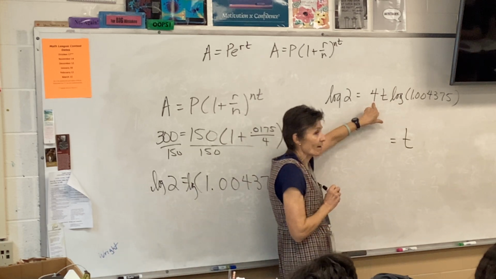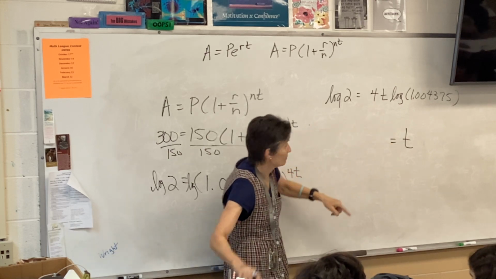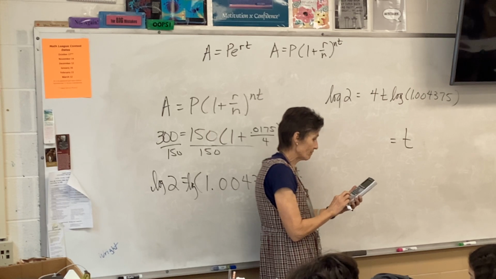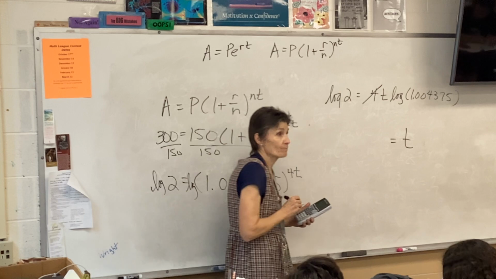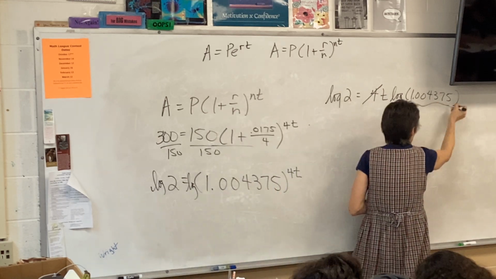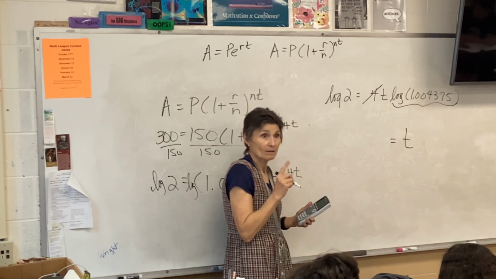How are we going to get rid of that 4 right there? We're going to divide. So I'm going to take my calculator, and I'm going to take the log of 2, and I'm going to divide it by 4. Now, that number is gone, right? How am I going to get rid of this right here? Divide that.